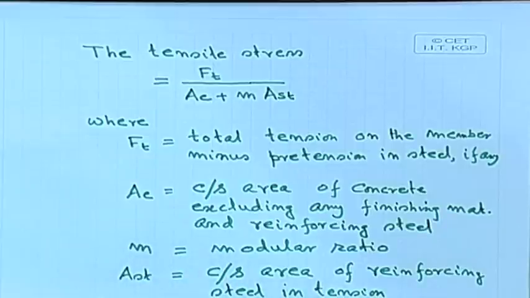So, the tensile stress you can find out: Ft is the total tension on the member minus pretension in steel, if any. If the initial tensile stress is there, you have to deduct it. AC means the concrete area, and obviously you should forget the finishing. Finishing means you should not take the plastering.